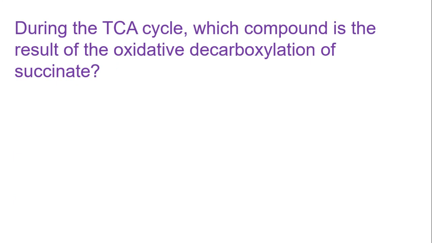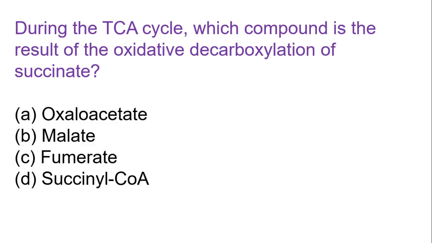During the TCA cycle, which compound is the result of oxidative decarboxylation of succinate? A, oxaloacetate; B, malate; C, fumarate; D, succinyl coenzyme A. The answer is C, which is fumarate.